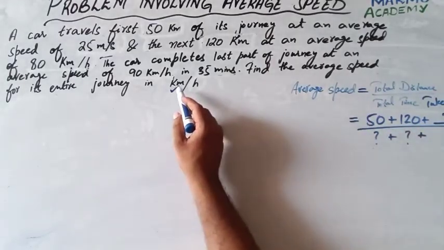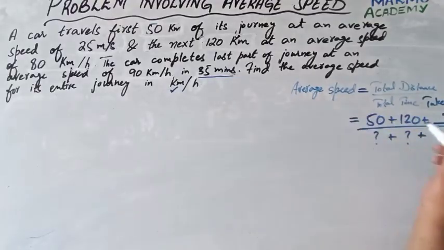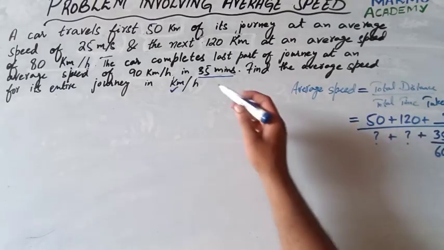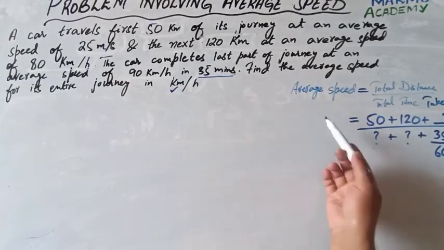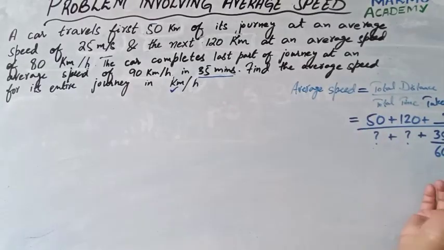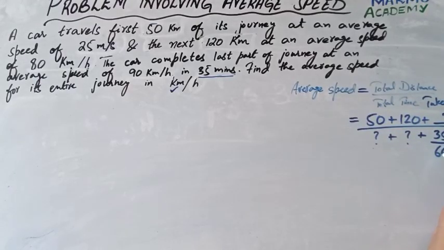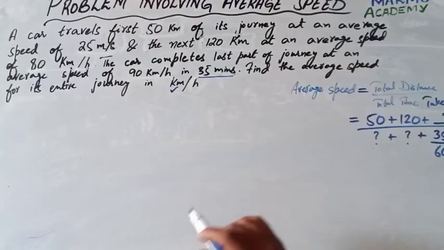For the third part of the journey speed is given, but the time is given in minutes. We need to give time in hours. So 35 divided by 60, because when we go from small to big unit we divide, and in 1 hour there are 60 minutes. That's why we divide 35 by 60.